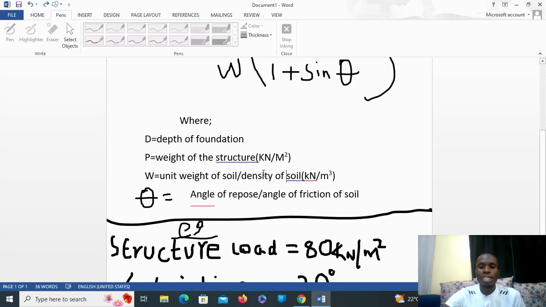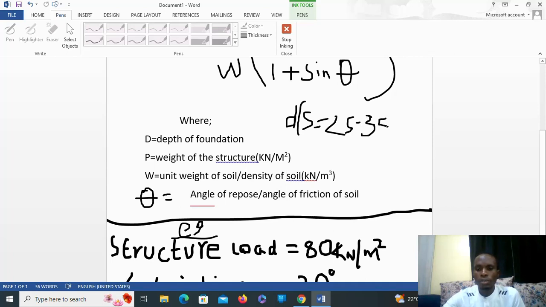The density of dry soil is normally given as from 25 to 35 kilonewton per cubic meter.